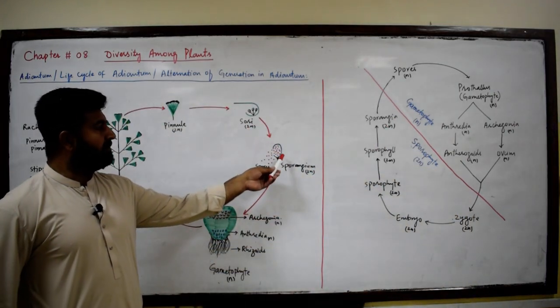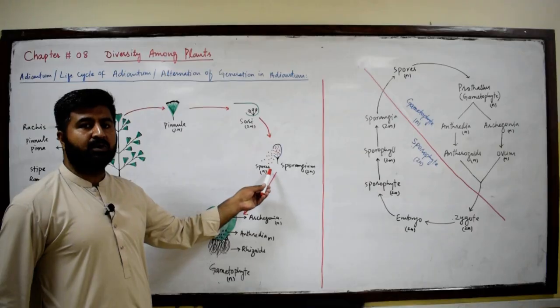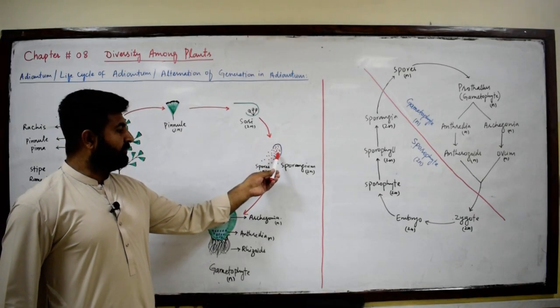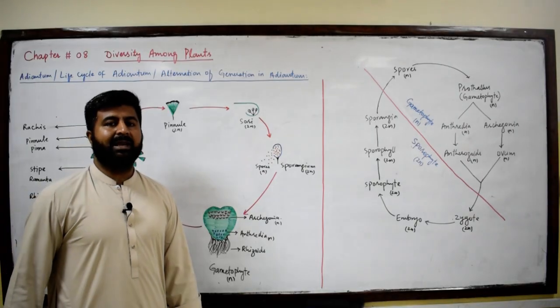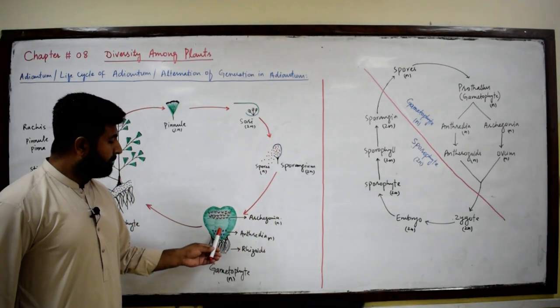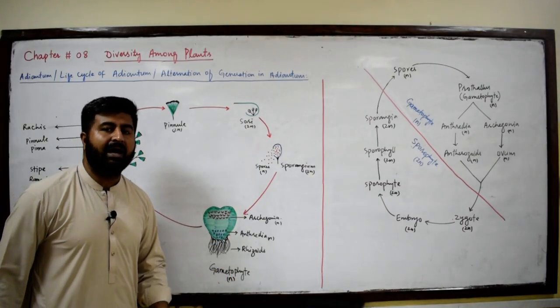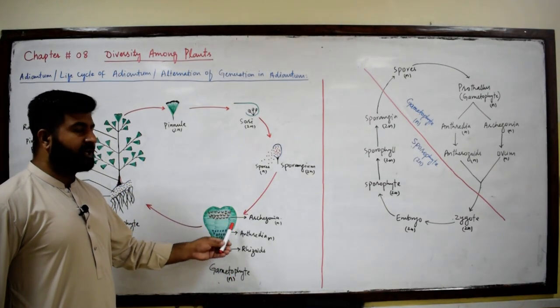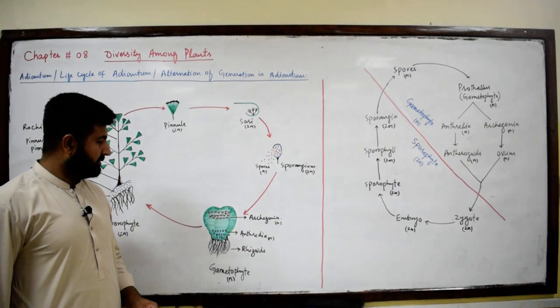When the sporangia mature, they produce spores upon meiosis. These spores, when they fall on a suitable place, germinate and form the prothallus or gametophyte. The prothallus is heart-shaped and photosynthetic.